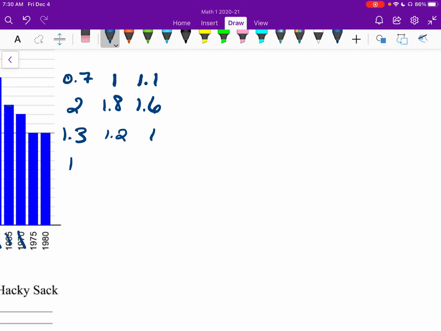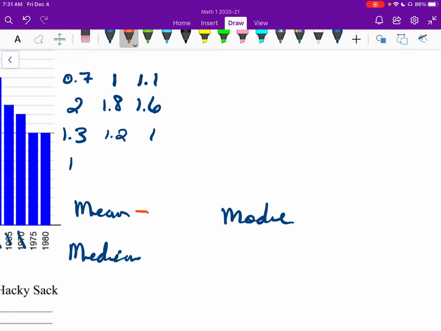So I'll write these down. Mean, median, and mode. So the mean, we average it. We have 10 numbers here.